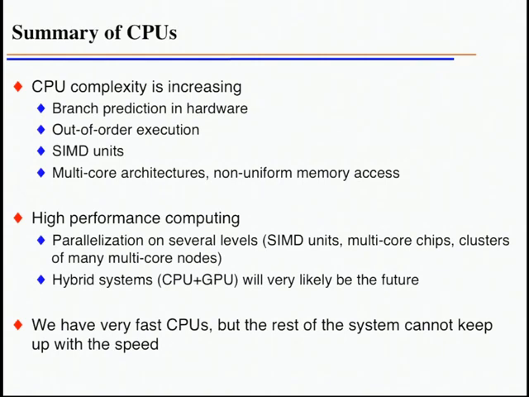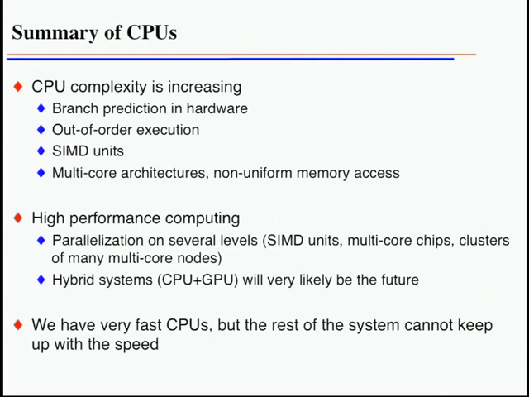So here we have a summary about this first part of the lecture where we talked about the CPU, the central processing unit. So the bottom line is everything is complex and it's getting even more complex over the years. So nowadays you have this branch prediction and out of order execution done in hardware. So it's becoming increasingly hard to tell what the CPU is actually doing with your code.